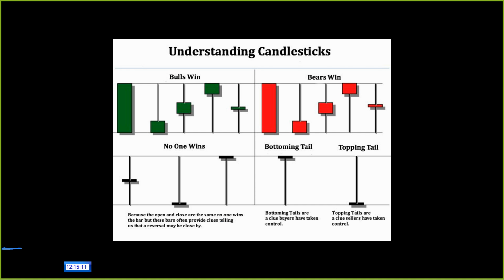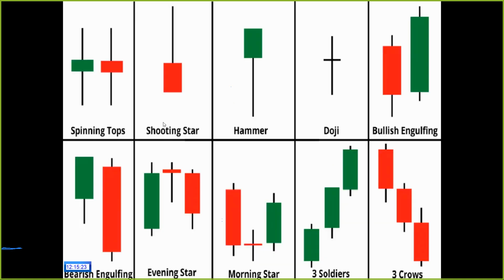People are trying to come in and identify all of this without learning what each candlestick means. And so it doesn't make a whole lot of sense, and they're not able to use it to their advantage. See, once you learn what each candlestick means, what each one is telling you, a story, and then you're able to put these candlesticks together, it's able to make more sense to you.